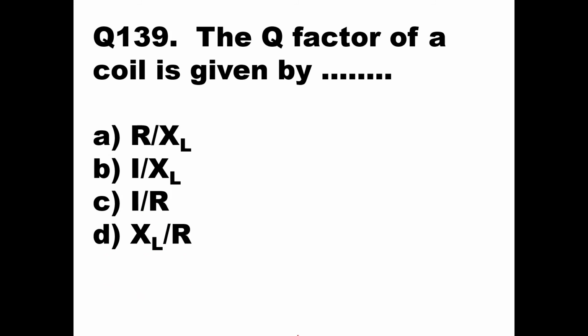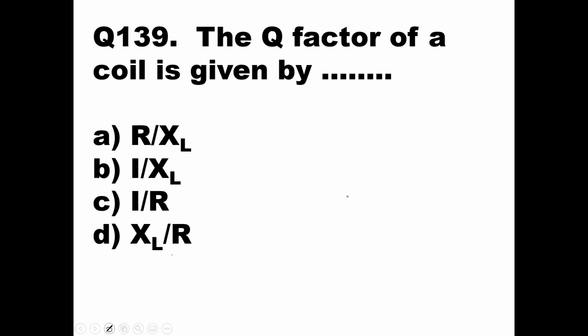The Q factor of a coil is given by, okay. So the Q factor is given as omega L upon R, or it can also be given as 2 pi FL upon R, or it can also be told as XL upon R. Clear?